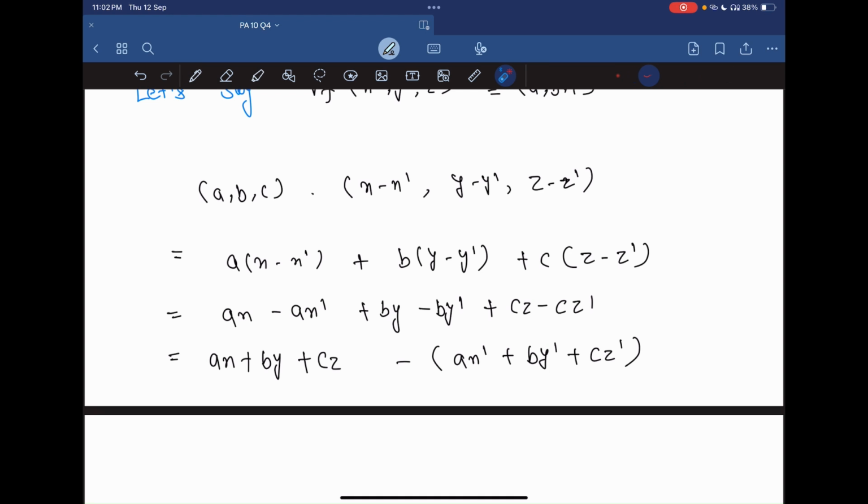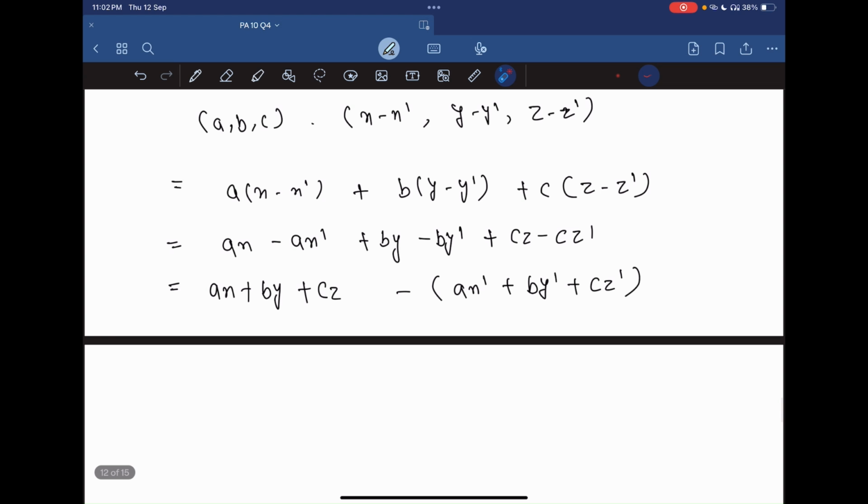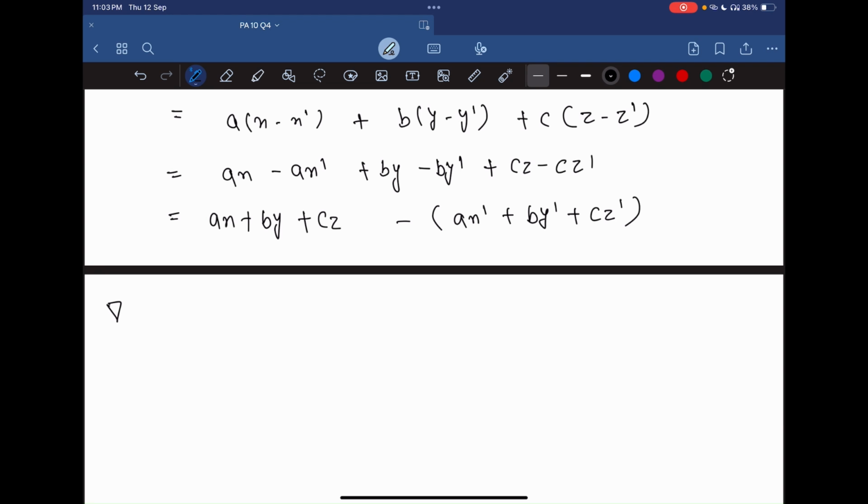Notice that the last part is a constant, not a variable. Our variables are ax, by, cz. Now, if we calculate the gradient of the function, this results in a comma b comma c, because it is just a simple linear function.